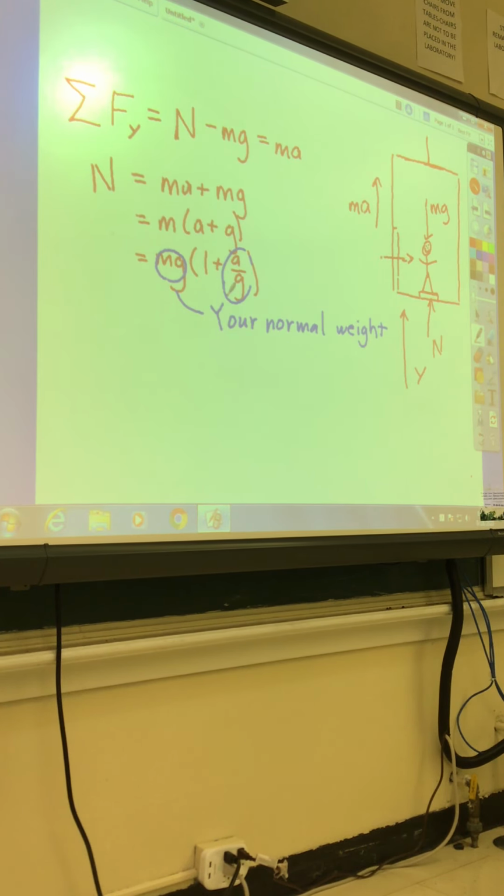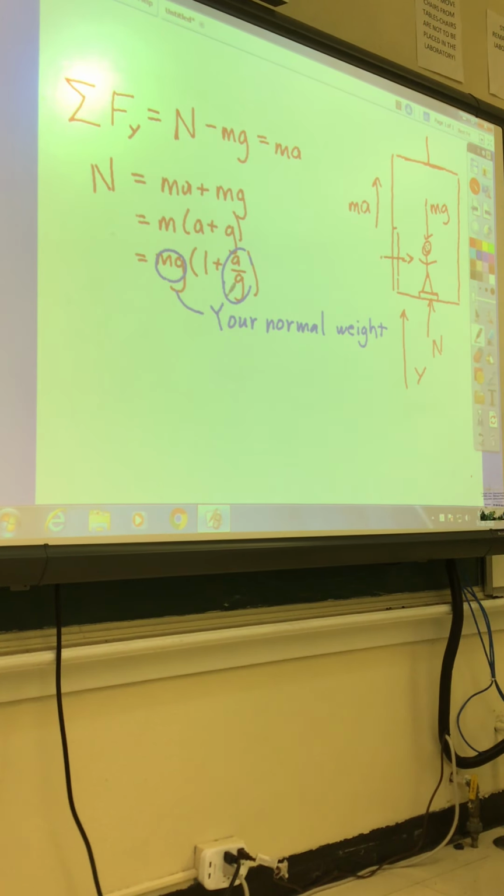If the elevator is accelerating up, then I'm going to feel heavier. If the elevator is accelerating down, then the acceleration is negative, and I'm going to feel lighter. That difference in weight will be registered by the scale.